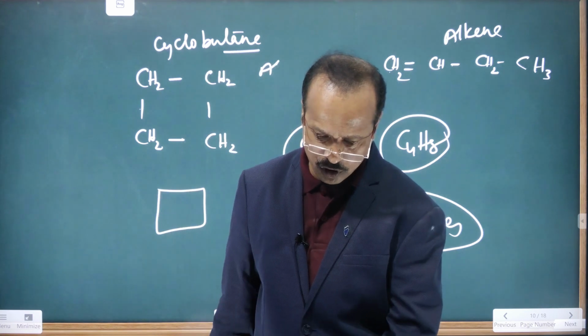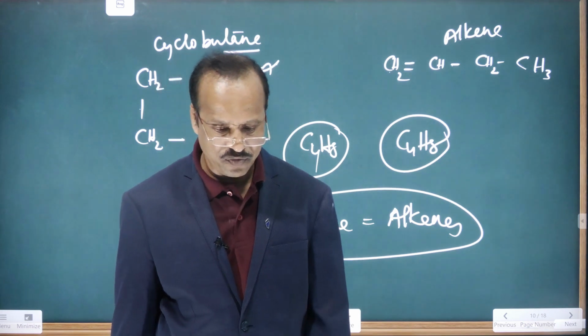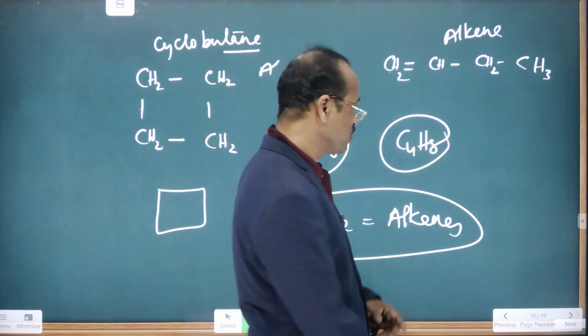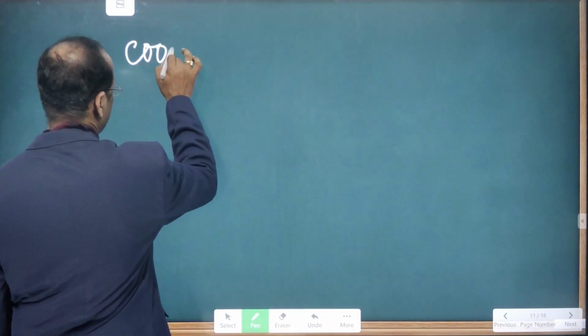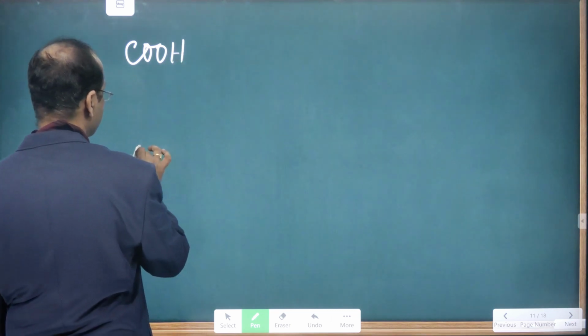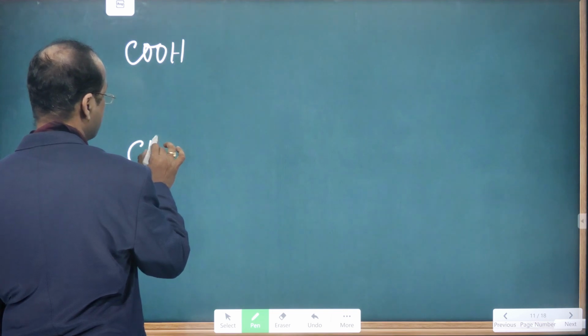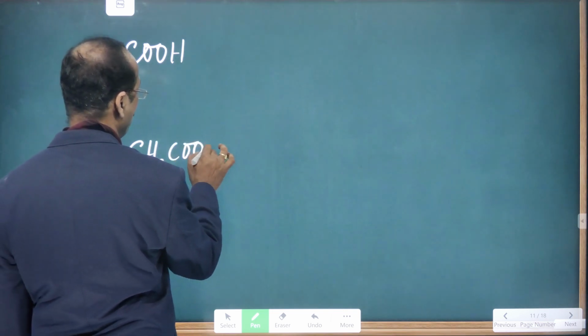Right. Now the next option. Acids show functional isomerism with esters. Why esters? The acid functional group is what? COOH, carboxylic acid. COOH, right? So what is the structure of a carboxylic acid? For example, let us take ethanoic acid, CH3COOH.